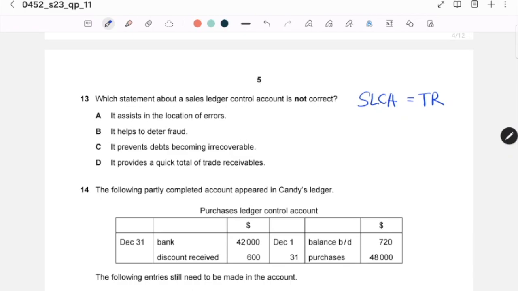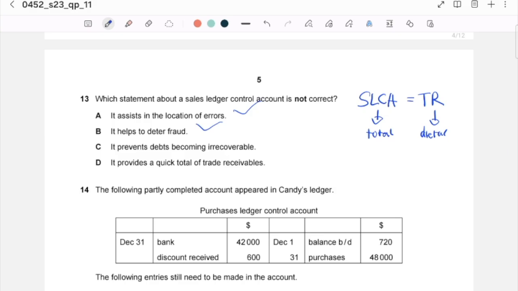The sales ledger control account is only the total, but the detail is in the trade receivables. So it helps to locate errors, correct. It helps to deter fraud, correct, because the balance has to be the same. The total balance, the detail, and the errors have to be the same.